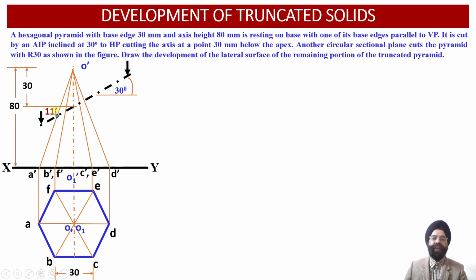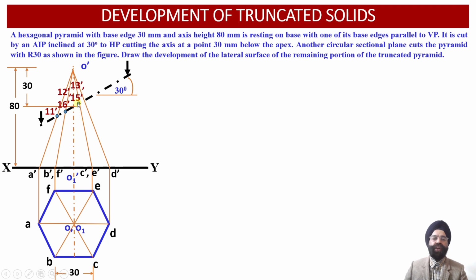So the first point of intersection has been obtained over here as point 11 dash. Now the next 2 points of intersection of this AIP with the slant generators O dash B dash and O dash F dash happen to be the points 12 dash and 16 dash over here. So point of intersection 12 dash happens to lie on the slant generator O dash B dash, while the point of intersection 16 dash lies on the slant generator O dash F dash over here.